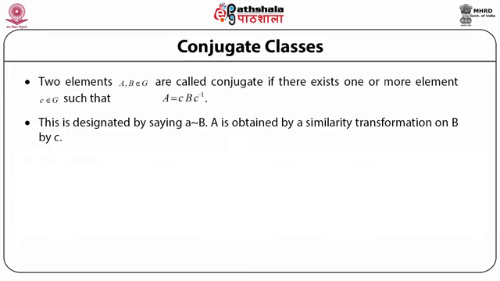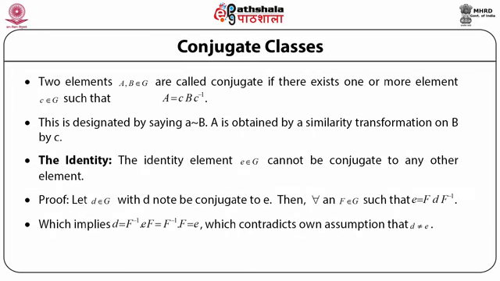This property is designated by saying that A is conjugate to B, that is, A is obtained from B by a similarity transformation C. There are certain immediate properties which follow from conjugacy. Number one, the identity element E, which belongs to G, cannot be conjugate to any other element.